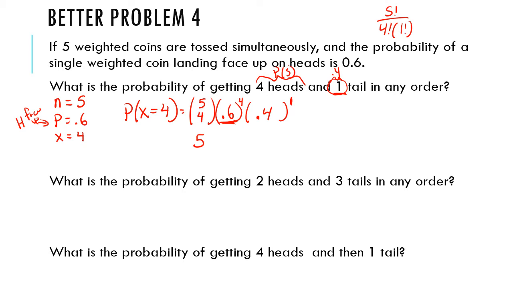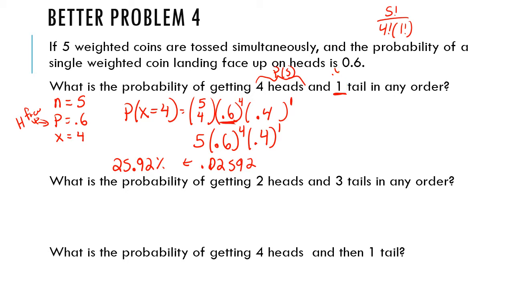When we work that out, we're going to end up with 5 times 0.6 to the 4th, which is our success, times 0.4 to the 1st. We calculate that out, we're going to get 0.2592. So as a decimal, that is, as a percentage, it's going to be 25.92%.